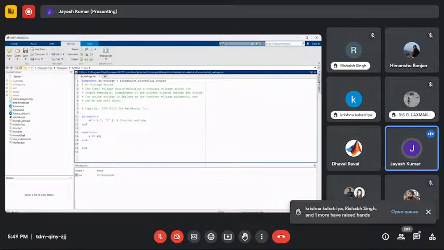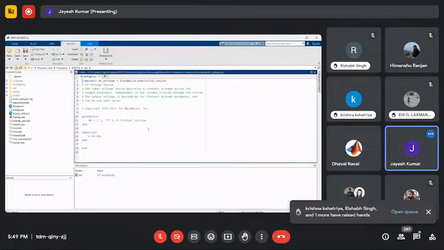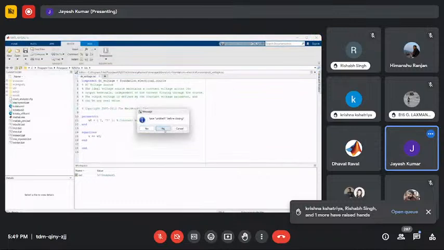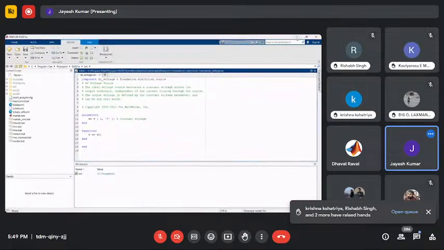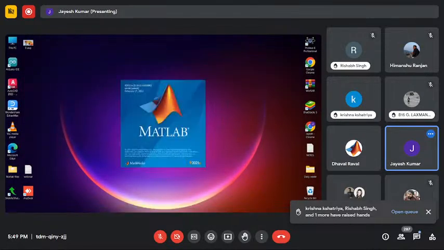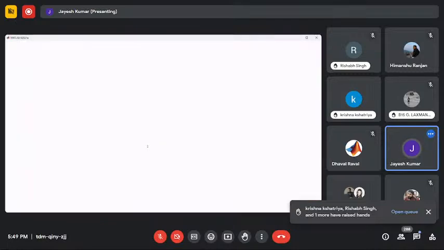Maintain the software for the terminal and define the constant parameter. Okay, it's not suitable. I have to restart the system.